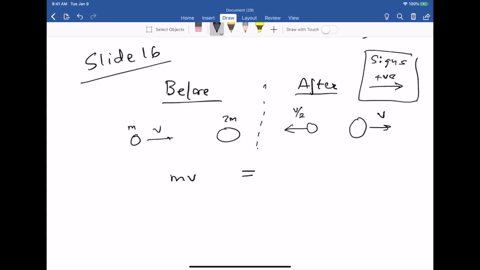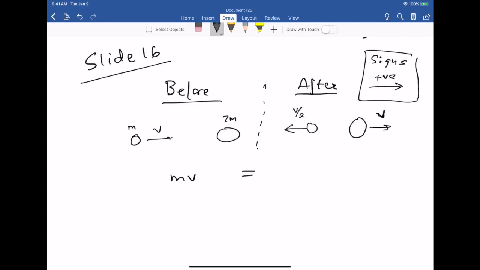Even without doing any calculations, you can tell that it has to move to the right because the total momentum before the collision was to the right. So something has to move to the right. Otherwise, momentum conservation would clearly be violated. So let's say that capital V is the unknown velocity of the 2m mass after the collision. You know that it will be to the right.